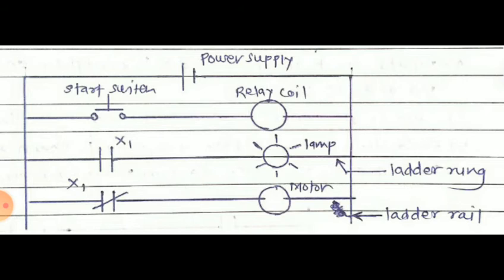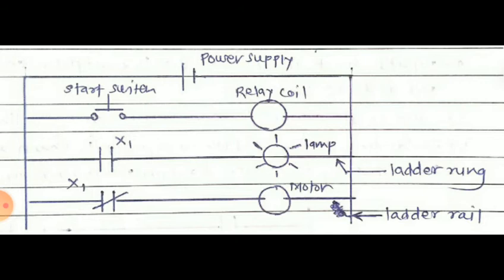When a switch is pressed, a relay coil is energized and its associated contacts X1 change state. The NO contact will close, resulting in turning on the lamp. The NC contact will open, resulting in turning off the motor.